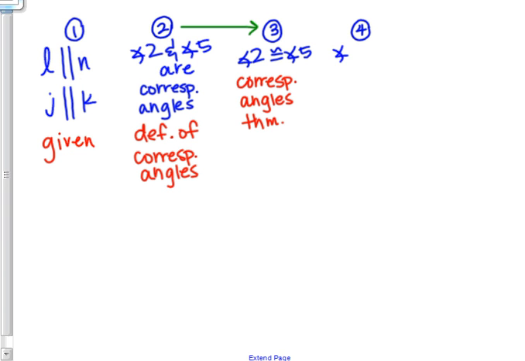So I'm going to say that 5 and 4 are alternate interior angles. And I made that observation, so I'm just going to say that that's the definition of alternate interior angles.